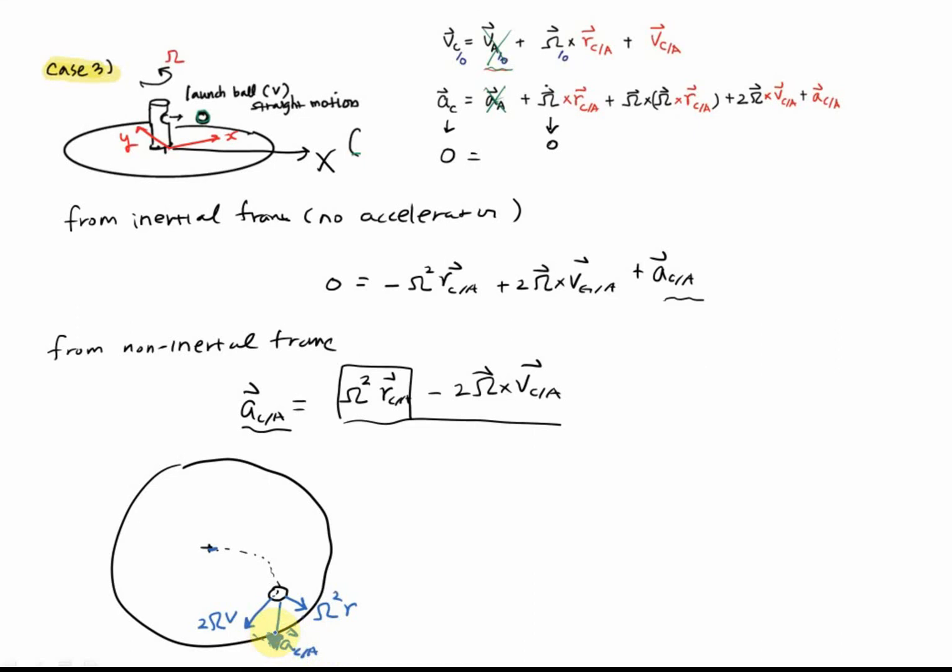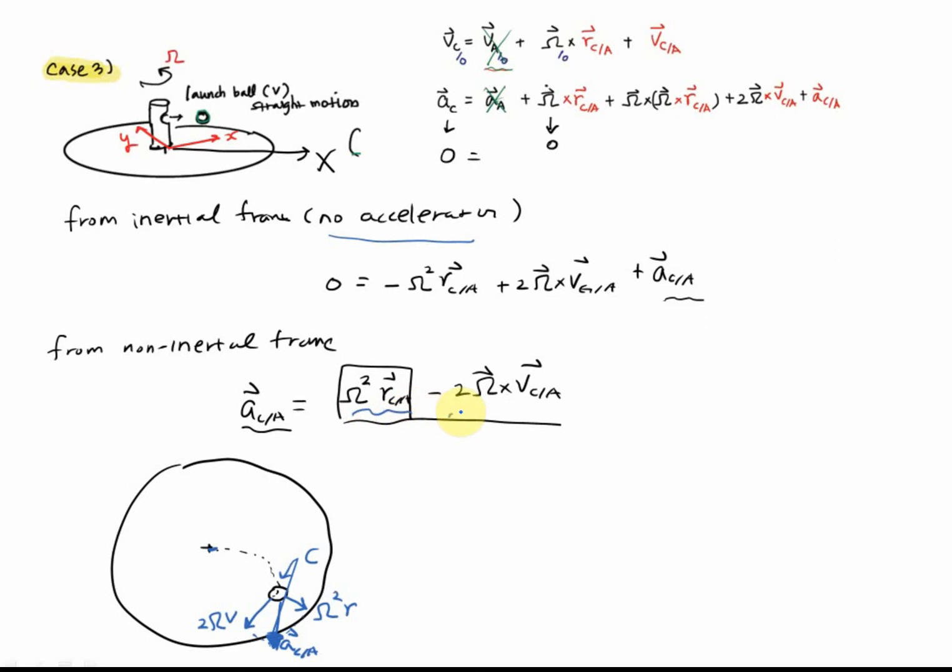However, when you observe this object C from outside the rotating axis, there's no acceleration at all. But if you observe this one inside the rotating frame, it changed direction. That's why it must have certain accelerations.